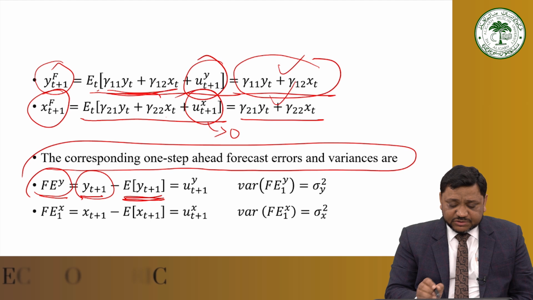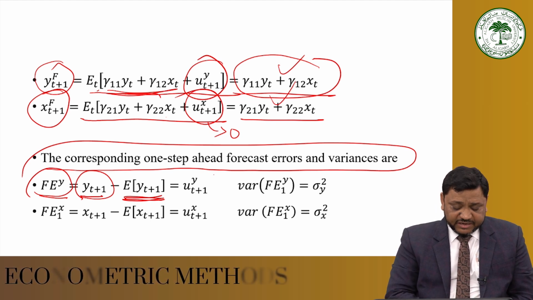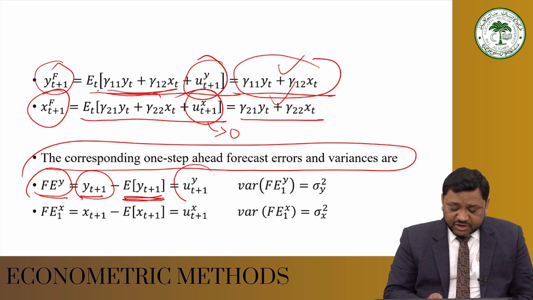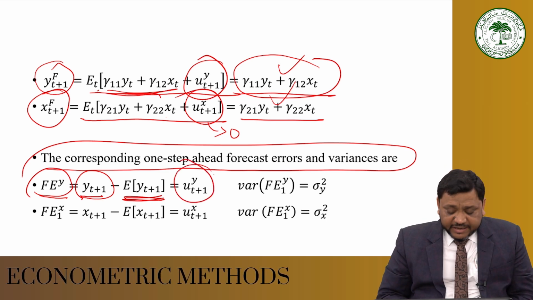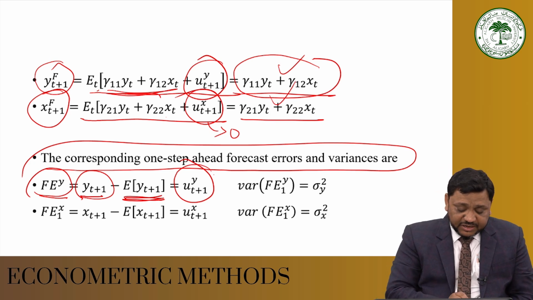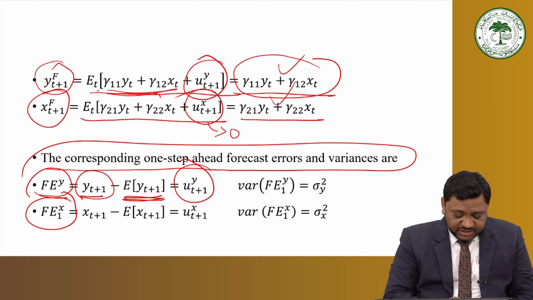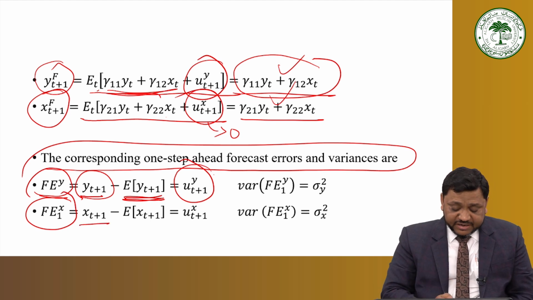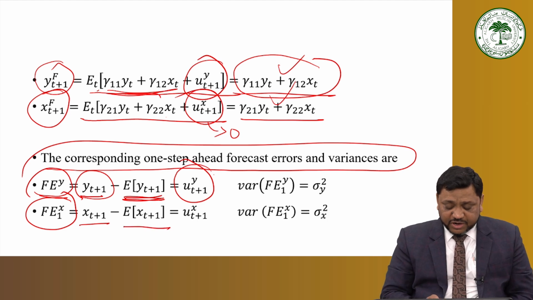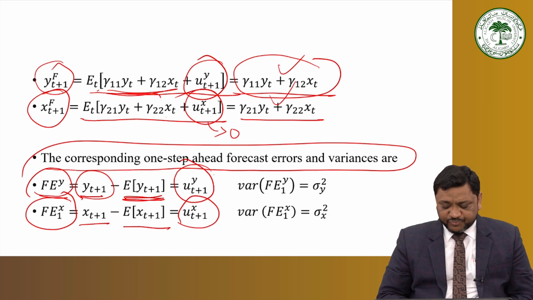So what happens? When we do yt plus 1 minus expected value of yt plus 1, what is left is only the error of y at t plus 1. Similarly, the forecast error for x is equal to xt plus 1 minus expected value of xt plus 1, which is equal to the error of x at time period t plus 1.